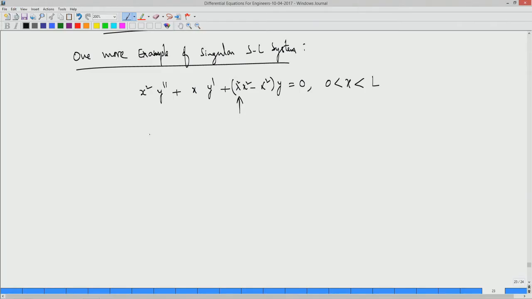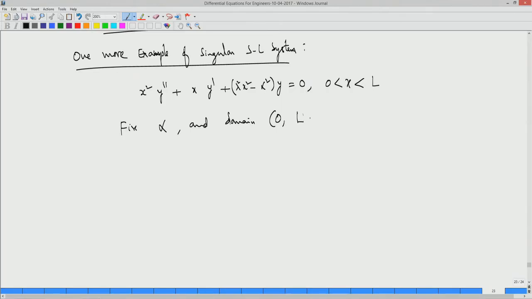So, if you do that, what happens? Fix alpha, and the domain is 0 open and L. This you fix, this is your domain.